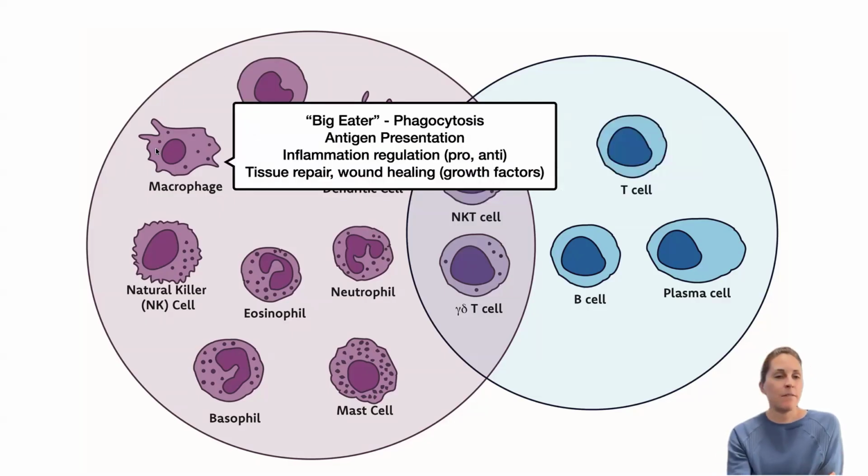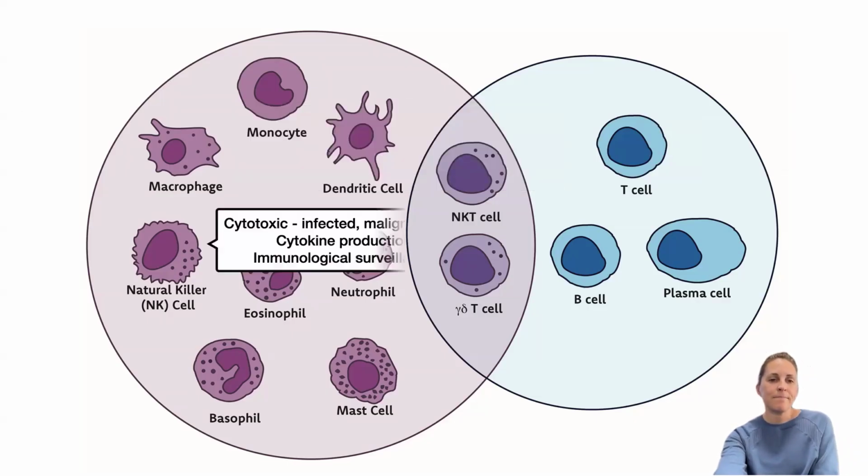Macrophage, this is one of my favorite cells. These are big eaters. Macro is big, phage is eater, and they're involved in phagocytosis. They're also antigen-presenting cells. They can be involved in inflammation, both pro and anti-inflammatory processes, and they're really big in tissue repair and wound healing.